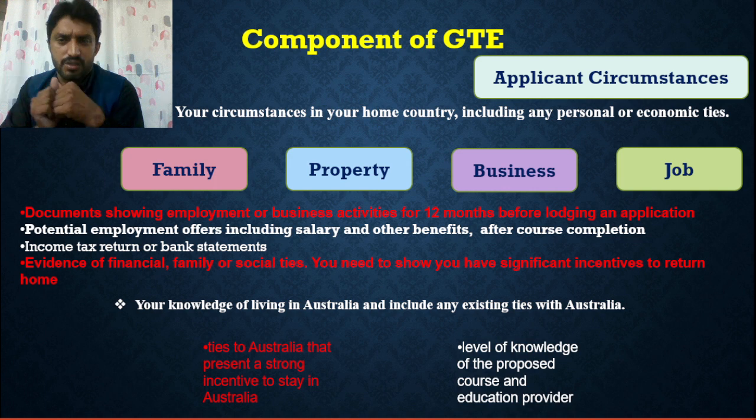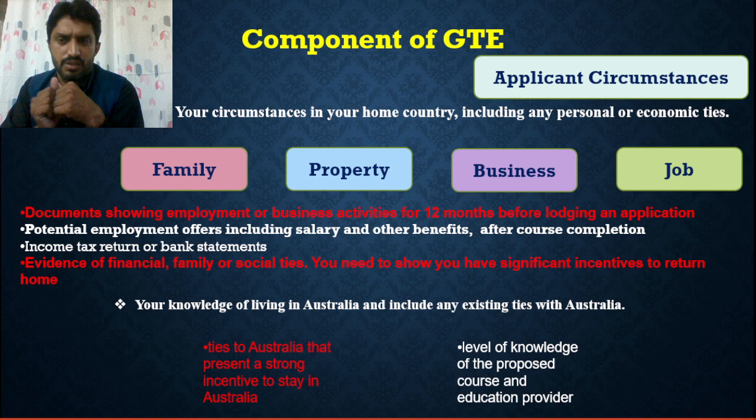Or there is another thing you can provide in this, your job offer. So documents showing employment or business activities for 12 months before lodging an application, potential employment offer including salary and other benefits after course completion, income tax return or bank statements that show your financial evidence.